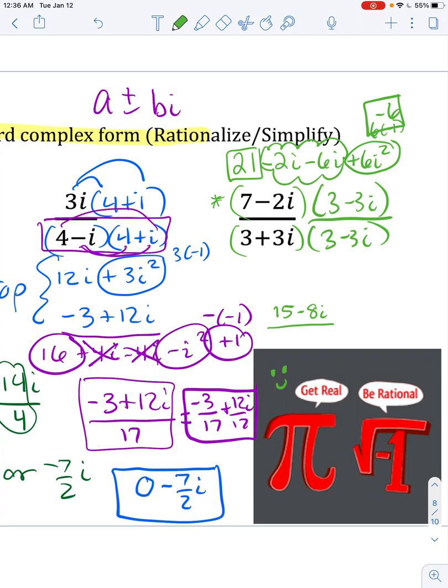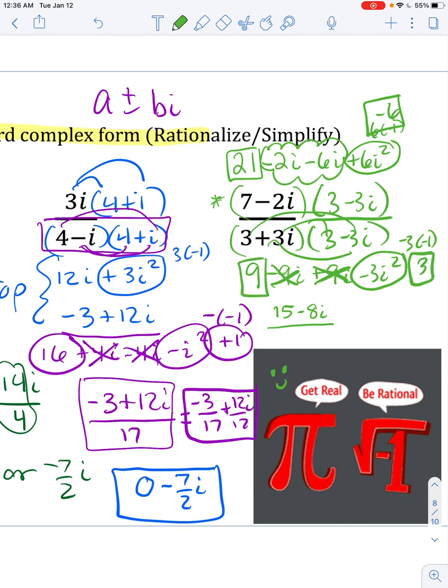All right, how about the bottom? FOIL that out. 3 times 3, so my first, then my outside, then my inside, then my last. As planned, these cancel. This ends up having a numeric value of positive 3. So this can combine with the other number I have, and it all is over 12.